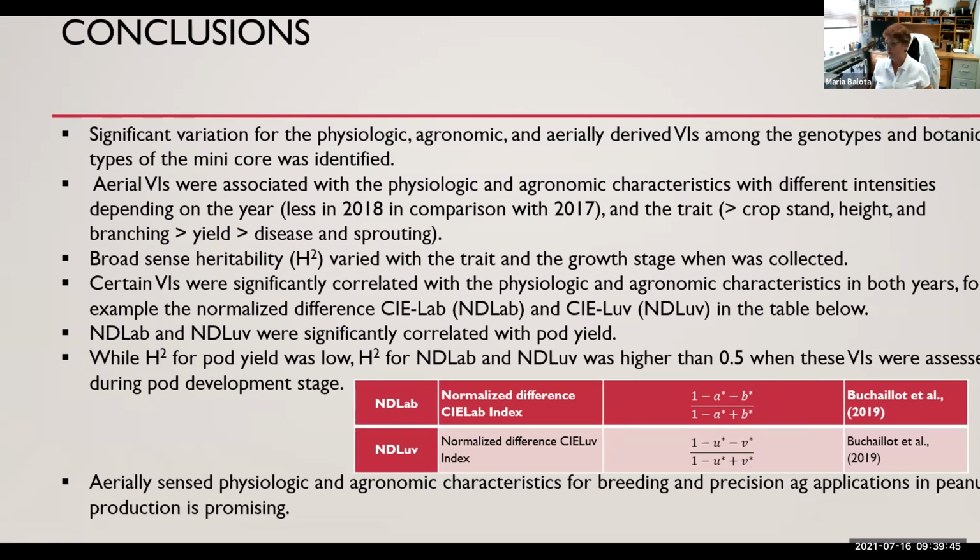So that's pretty much what they indicate. And that color seemed to be consistent in both years. They also had high heritability across the board. So therefore, probably aerial sensing of physiologic and agronomic characteristics for breeding and precision ag applications could be successful.